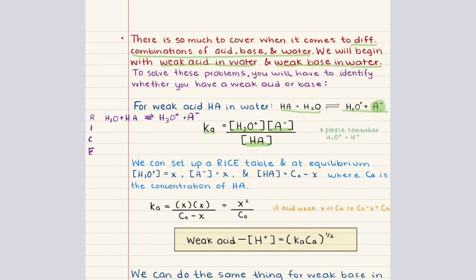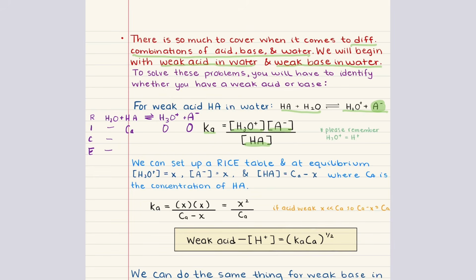Now, how do we actually calculate those concentrations? This is where the Rice table comes in. Rice stands for reaction, initial, change, and equilibrium. We begin with writing our reaction, and once that's done, we can think about the initial acid concentration. Let's call it C_A. At the start, there's no hydronium or conjugate base present.